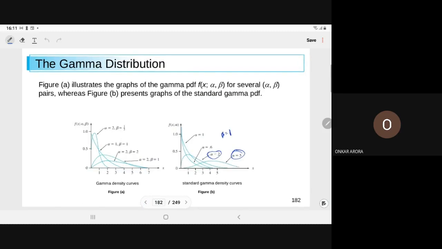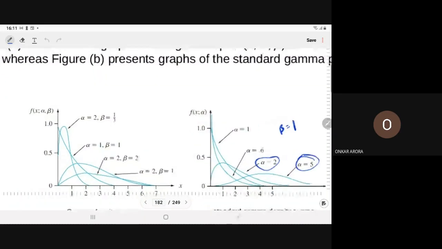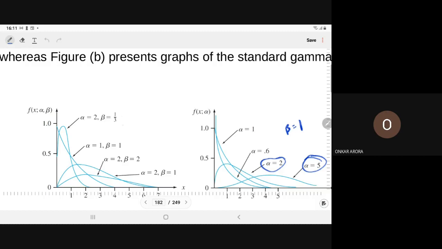Actually here you can see, for alpha equal to 2 and alpha equal to 2, when beta is equal to 1 by 3 and beta is equal to 2, if you observe, here we have the shape which is the compressed one, and this is the stretched one.